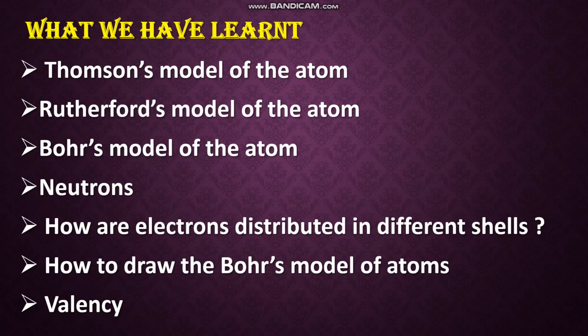If it is more than 4, how to find out the valency? 8 minus that number. For example, if there are 5 electrons in the valence shell, valency is 8 minus 5 is equal to 3. So if there are 8 electrons in the valence shell, valency is 0. 8 minus 8 is equal to 0. So these many points you have learned in this lesson in the previous classes.